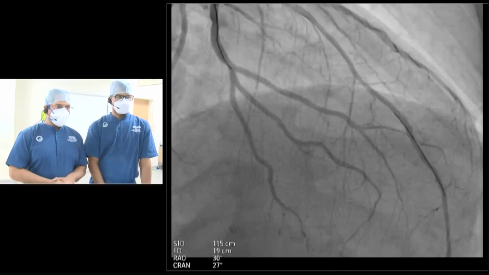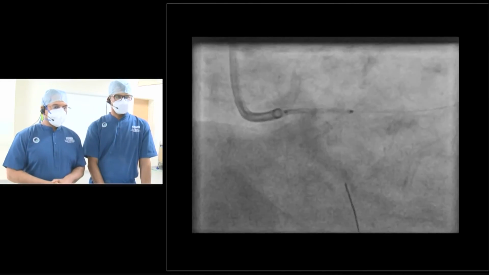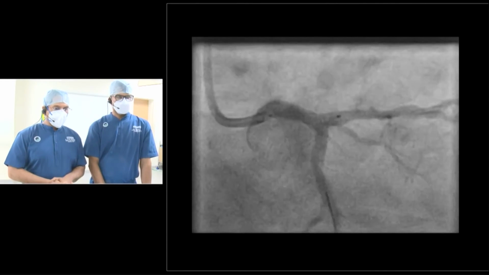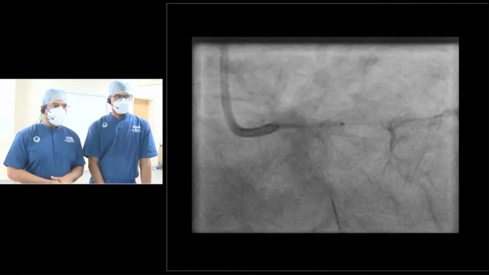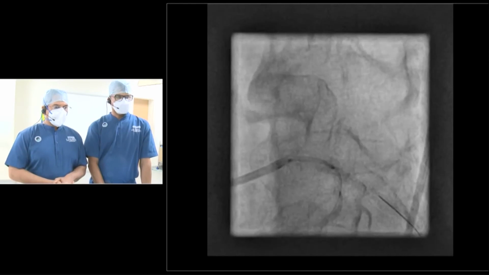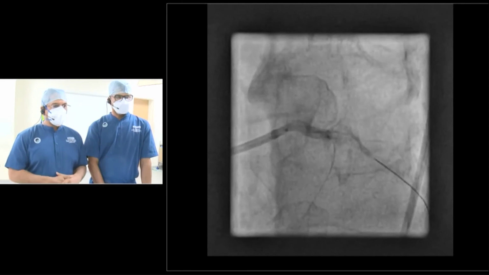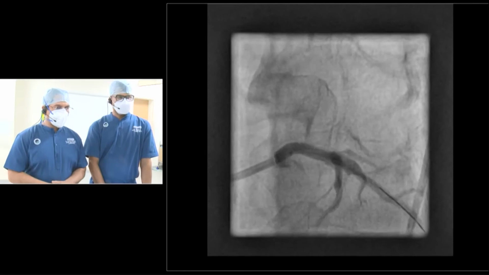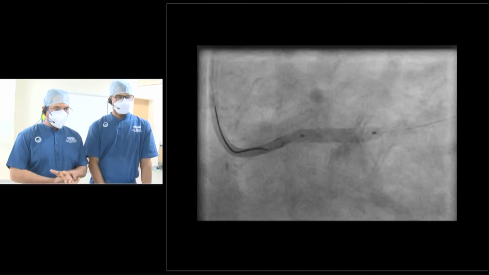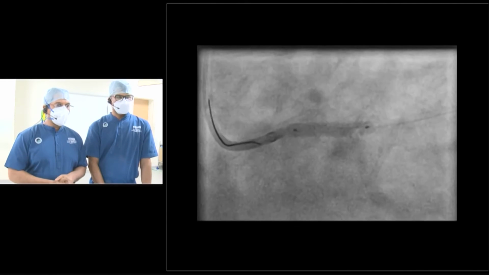After that, we placed the Xience Expedition 3.5 into 18 stent from left main into the proximal part of the LAD. We made sure that we are not covering the ostium of the left main because the ostium of the left main was disease free. That was deployed at 14 atmosphere.